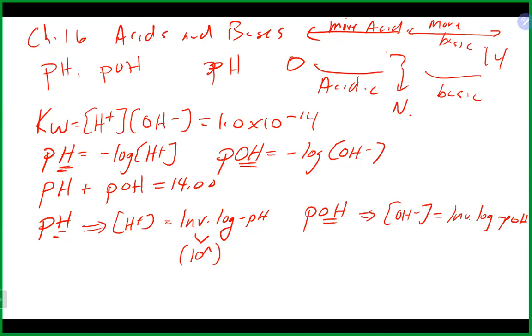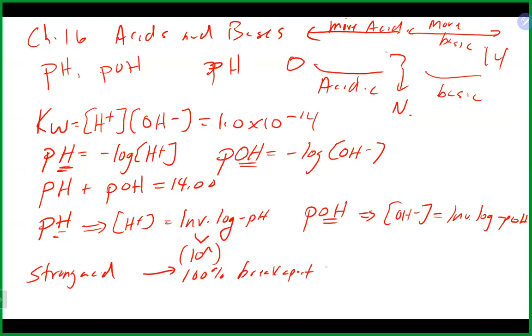We finished up talking about that. Sometimes you may not just be given a generic concentration of H plus or OH minus, or, as a reminder again, H3O plus and H plus are basically the same thing. But you may be given a formula of a strong acid or a strong base. If you have a strong acid, it will 100% break apart.